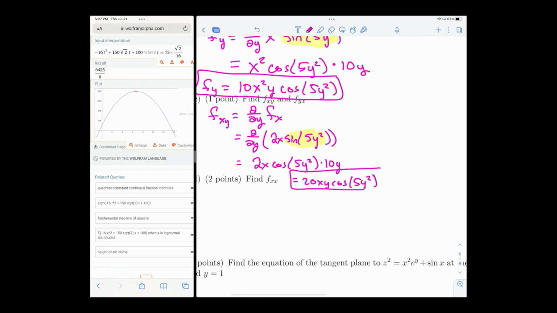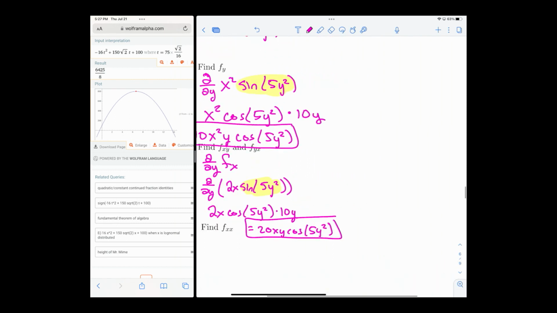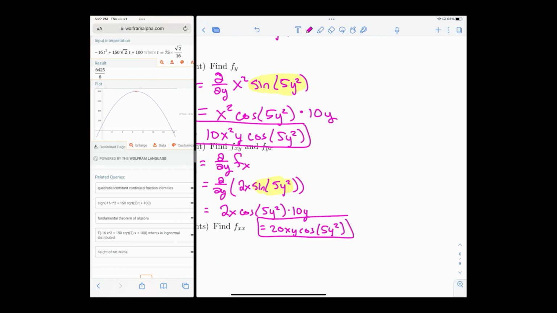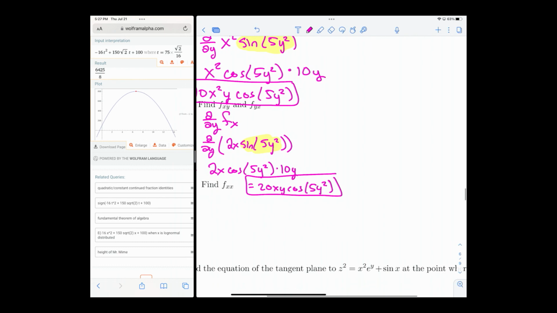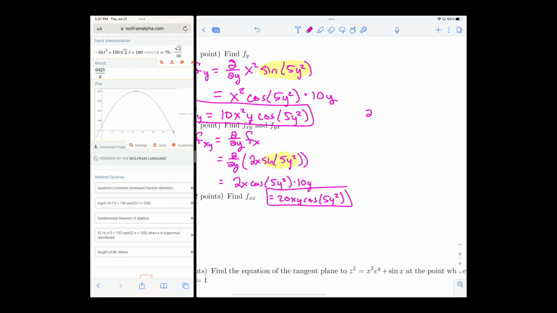That's fxy. Now, I also ask for fyx, and the point there is that fxy and fyx should be the same. But we'll find out because we have to do it. So we want the partial with respect to x of fy, which is 10x squared y cosine 5y squared.